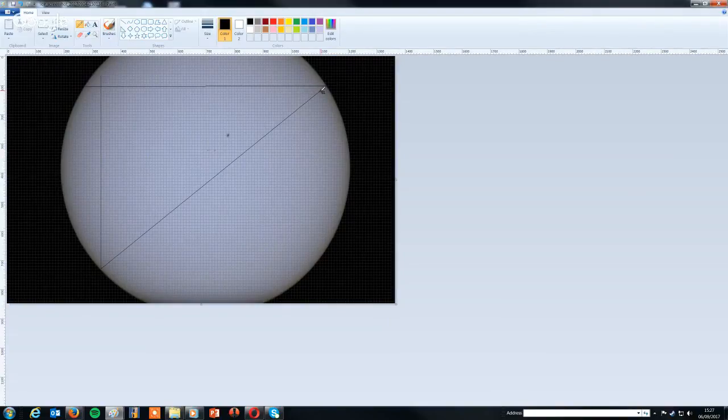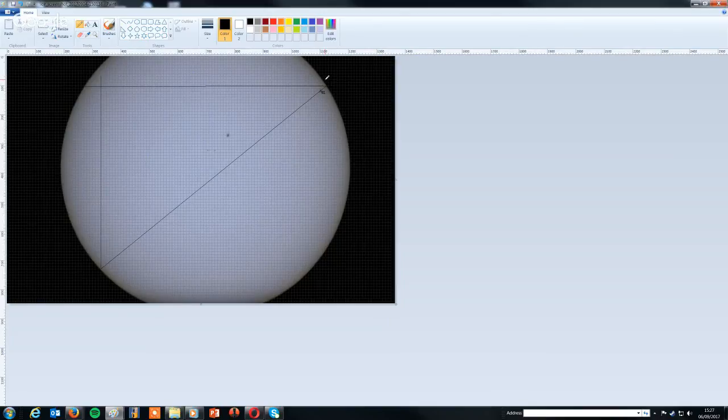So across this distance here, which I called a second, I've actually got 100 of these, which would be 75 meters each, so that's 7,500 meters per second across this distance.